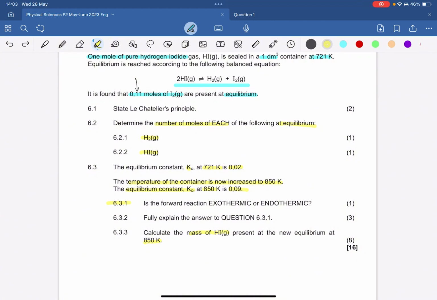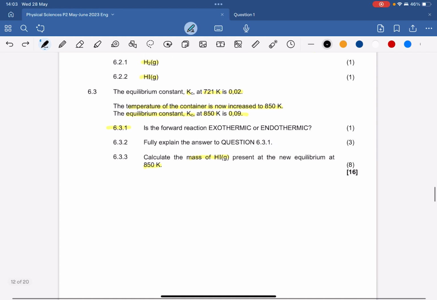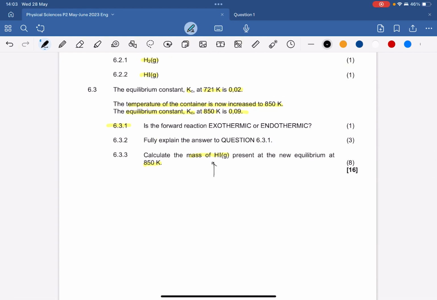Now a new equilibrium has been established with a new Kc, so now we have to set up a new Rice table to figure out the number of moles left at equilibrium. Once we have the number of moles left at equilibrium of our hydrogen iodide, we can then use the formula mass is equal to number of moles times molar mass to figure out the mass of the hydrogen iodide.